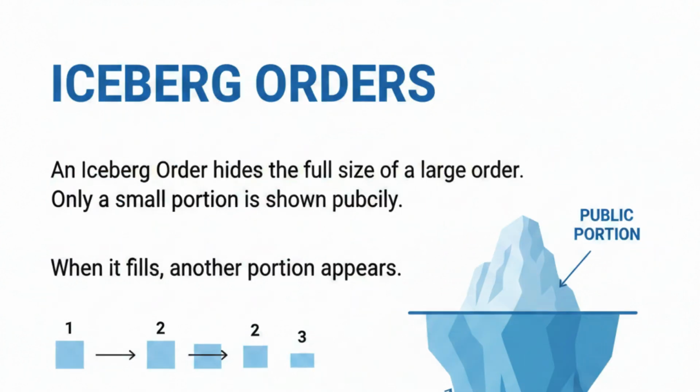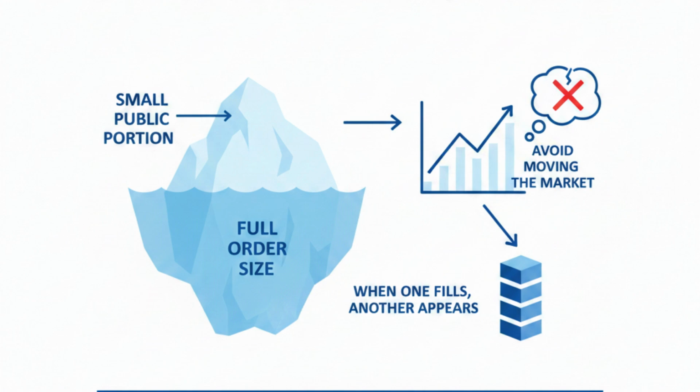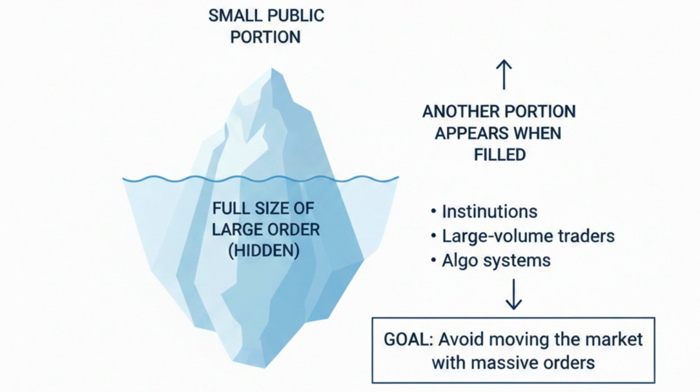An iceberg order hides the full size of a large order. Only a small portion is shown publicly. When it fills, another portion appears. Used by institutions, large volume traders, algo systems. Goal: avoid moving the market with massive orders.